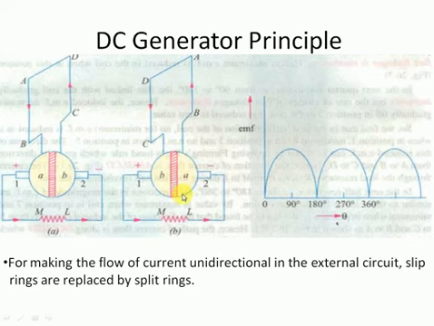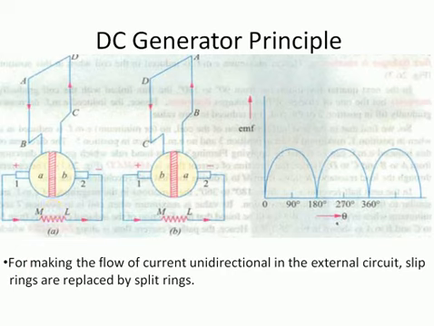Is that clear? In this case as well as in this case, after 180 degrees of rotation, this brush will always be sending out current and this brush will always be receiving the current. This clearly indicates that the current flowing through this load will always be DC in nature.